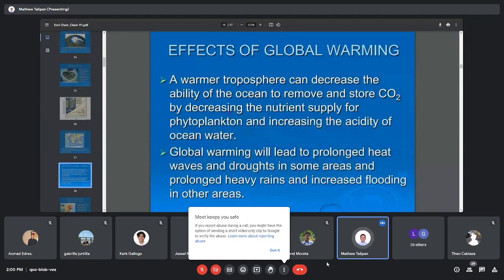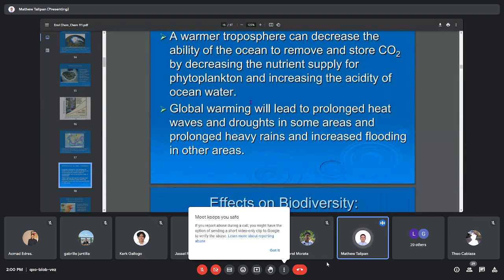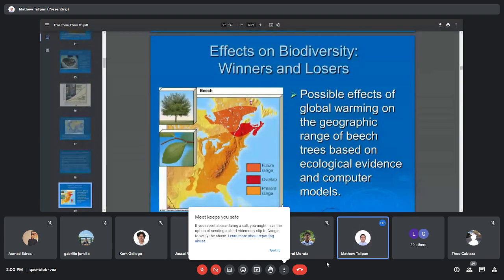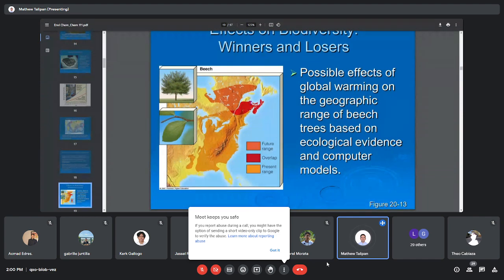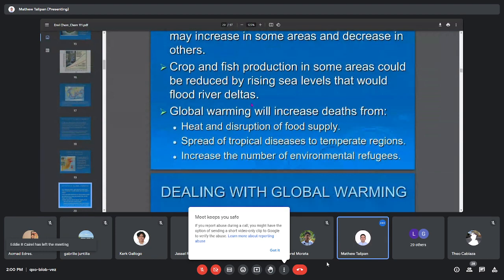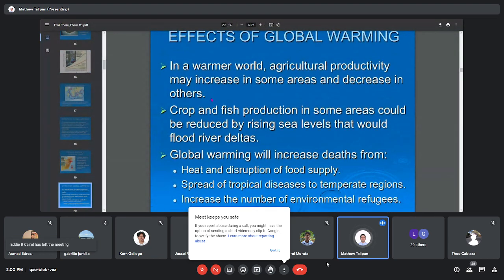Apart from that, this can also cause decreased productivity, let's say in agriculture and in the oceans, loss of biodiversity, spread of tropical diseases to other countries that don't have them, and other effects. If you consider these effects, they are actually interconnected to each other in what we call climate change.